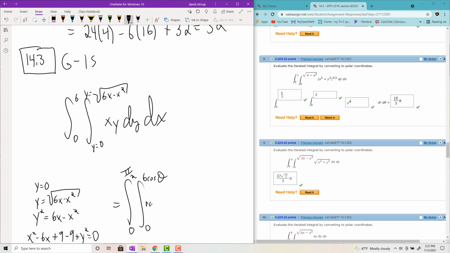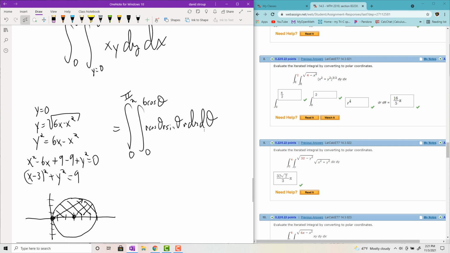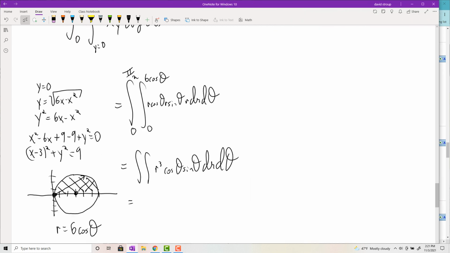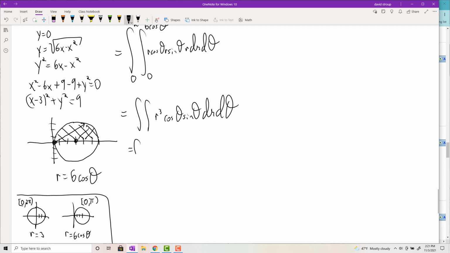Then we want to do conversions on xy. So x is r cosine theta, y is r sine theta, and then we have r dr d theta. Right, and then we can rewrite that as r cubed cosine theta sine theta dr d theta. Integrate, so we have r to the 4th over 4 cosine theta sine theta evaluated from 0 to 6 cosine theta d theta.